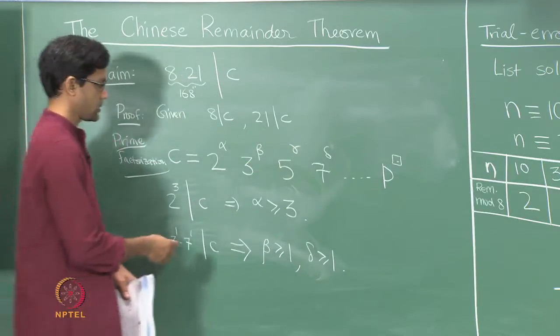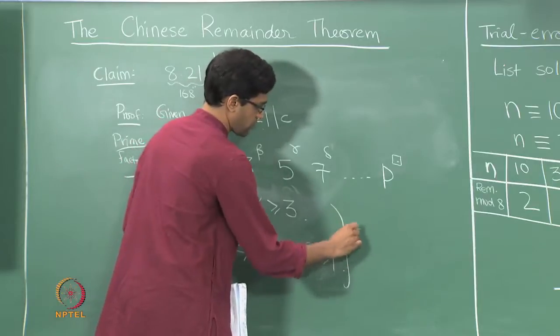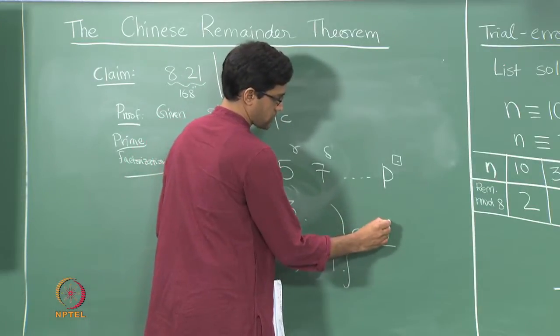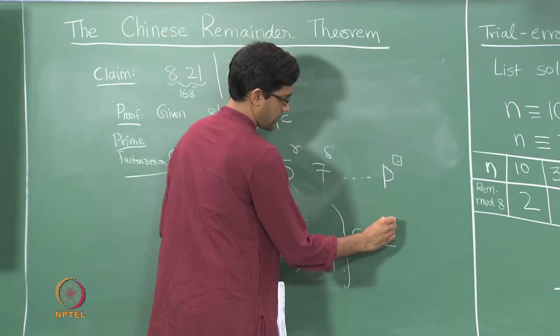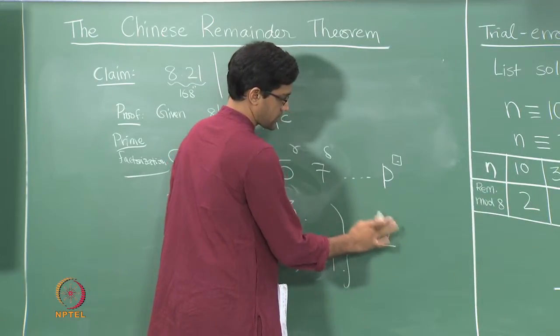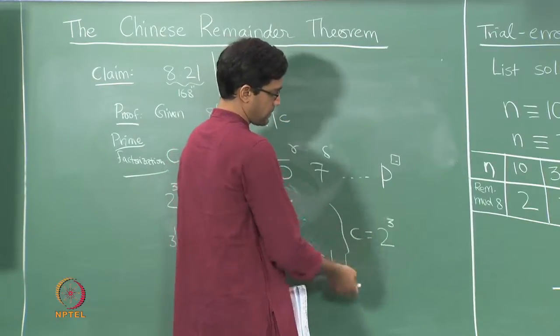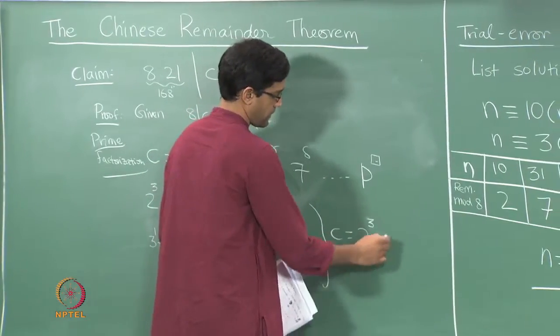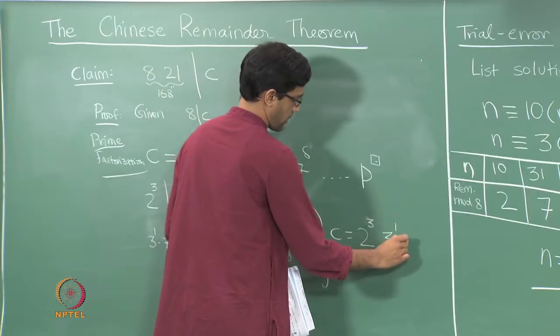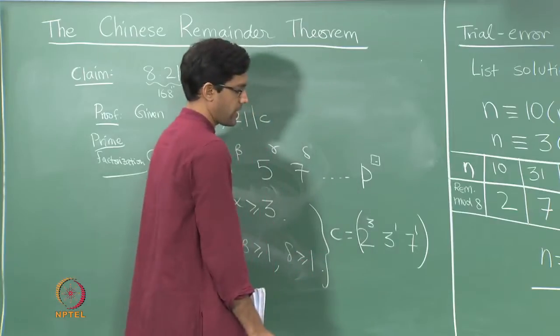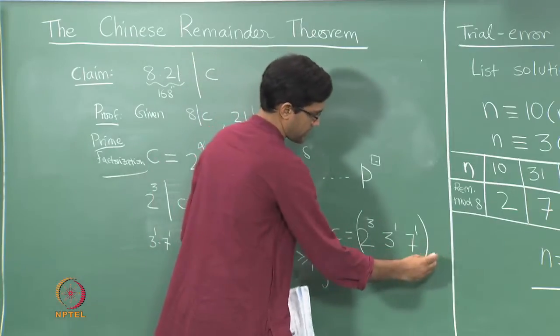So the final expression for C therefore looks like 2 to the power 3 plus something. This power here is at least 3. So there is surely a 2 cubed, and in addition there may be more powers of 2 involved. Similarly, there's at least a 3 to the power 1 and at least a 7 to the power 1. These factors are guaranteed to be there. In addition, there could be other things.